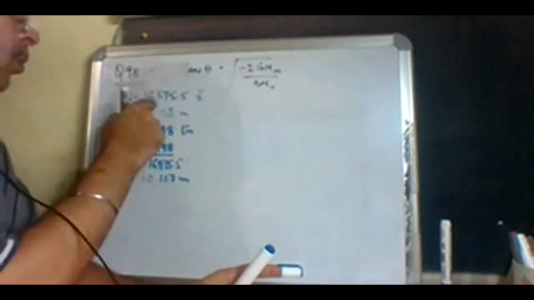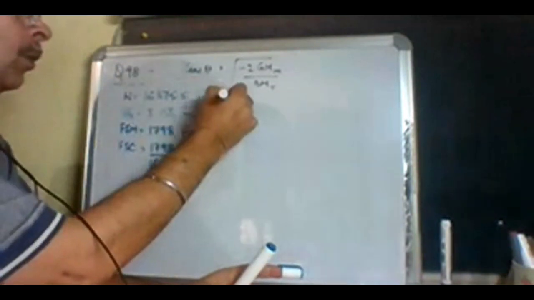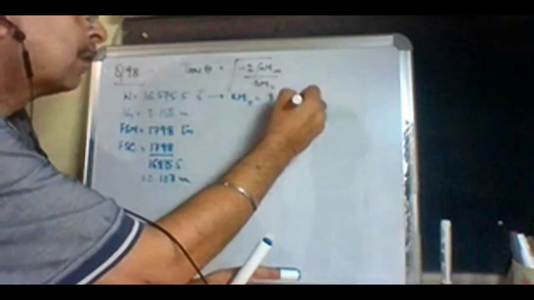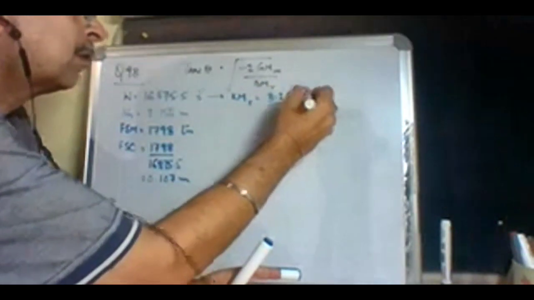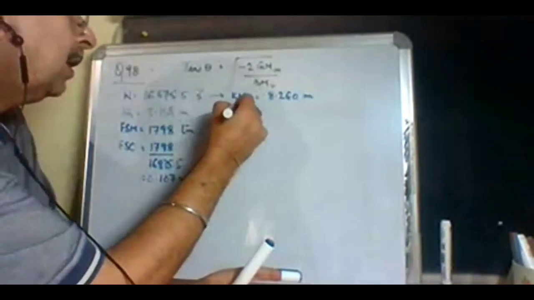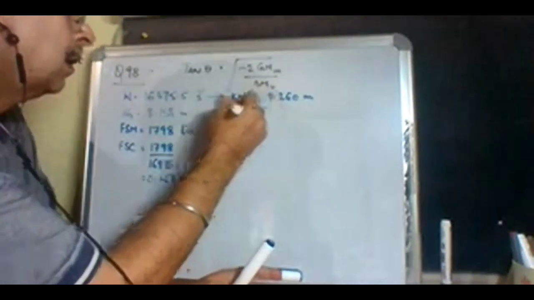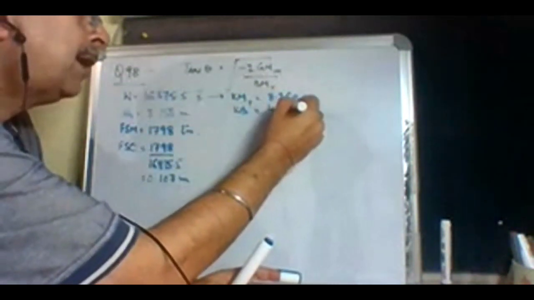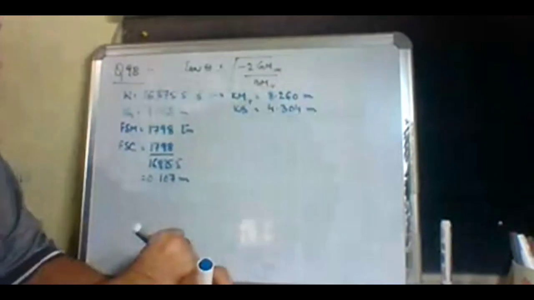Now, corresponding to this W, the KMT from the tables comes as equal to 8.260. And same way, the KB also comes as equal to 4.304. I'm just writing the values directly to save time.